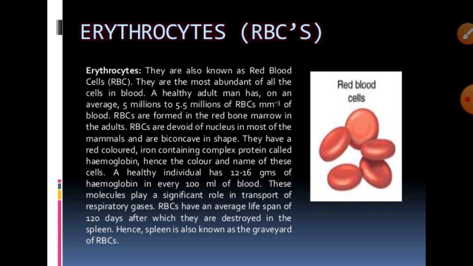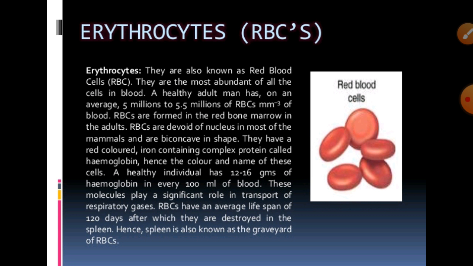A healthy individual has 12 to 16 gram of hemoglobin in every 100 ml of blood. So students, you must know that a healthy adult has 12 to 16 gram per 100 ml of blood.